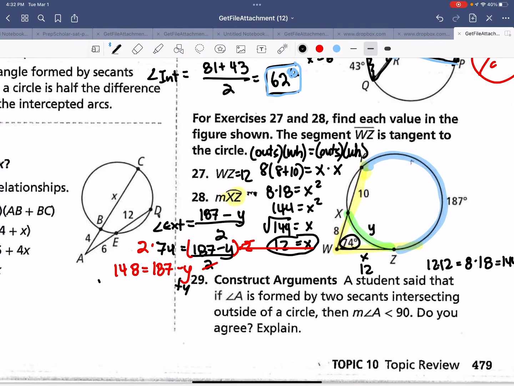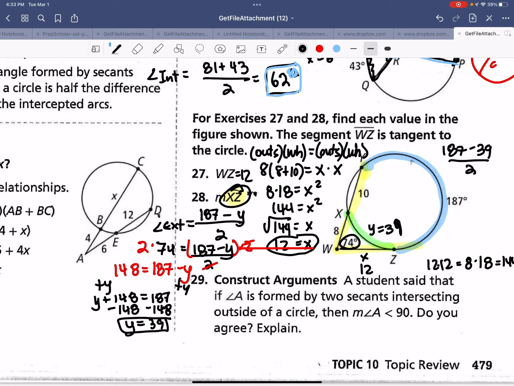So if I add y to both sides and subtract, I get 39. Okay, and if I plug that back in, that should work. So they want to know the measure of XC, and we got 39 because 187 minus 39 cut in half should equal the number 74.